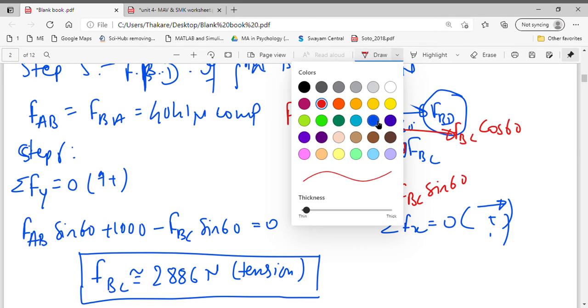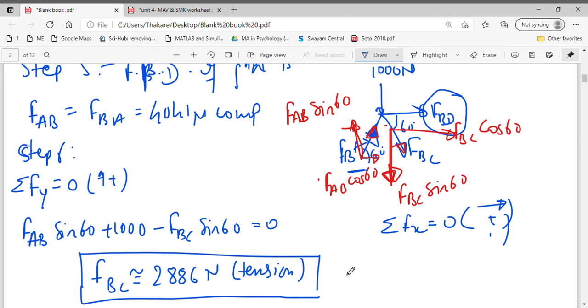So while taking summation of forces, we have all these forces considered to be acting towards right. So you have FAB cos 60 plus FBC cos 60 plus FBD equals 0.